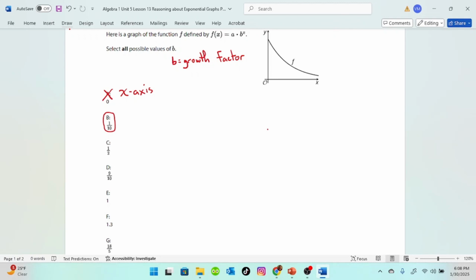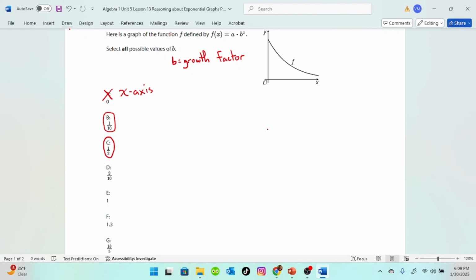The next option, C, is 1/2. If we multiply by 1/2 over and over and over again, that y value is going to keep getting smaller. This would result in exponential decay, which is what we see. So both B and C are correct answers so far.